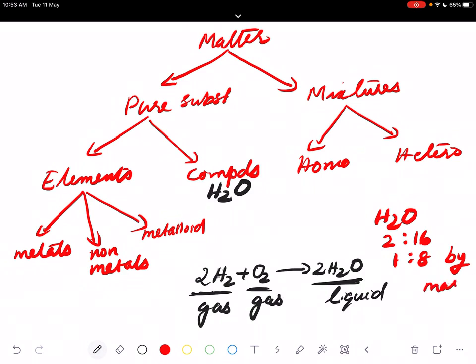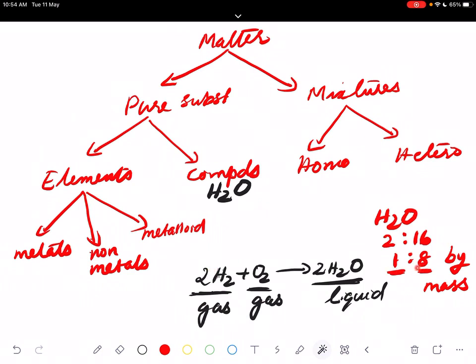This shows that 1 gram of hydrogen can combine with 8 grams of oxygen.